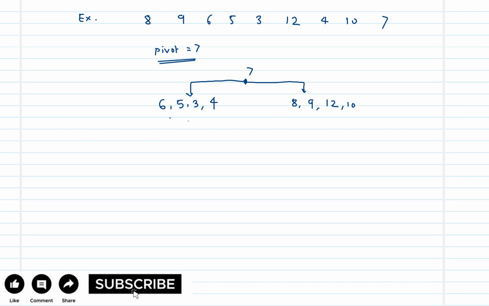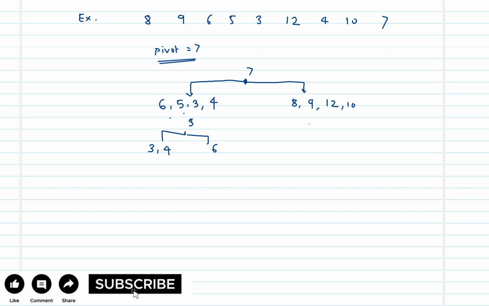Now in this, let's choose the pivot as 5. The element less than 5 is 3. 6 is greater than 5, so 6 will go to the right side. 3 is less than 5, so 3 will go here. 4 is less than 5, so 4 goes like this.